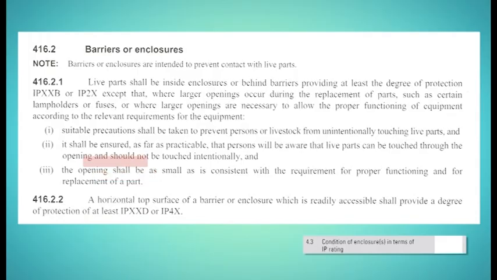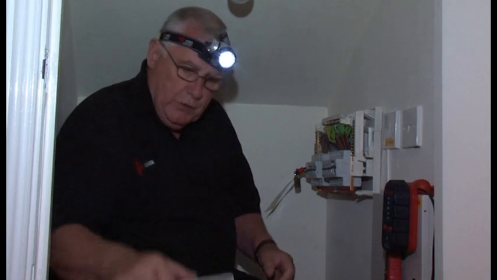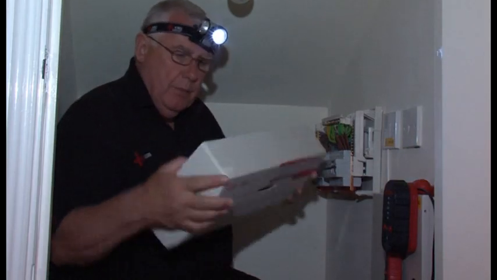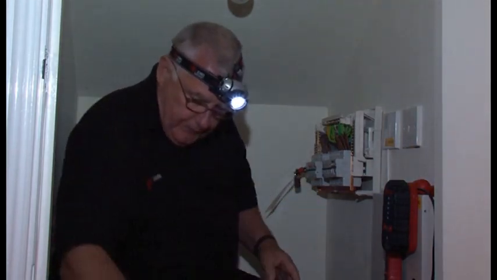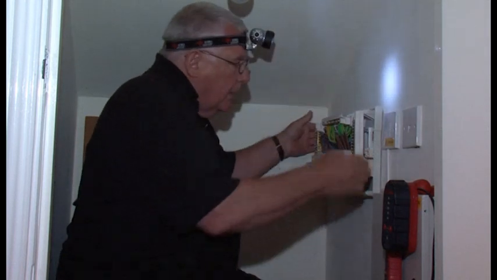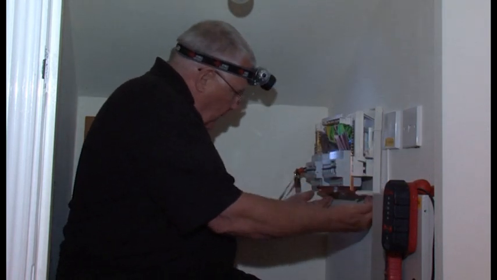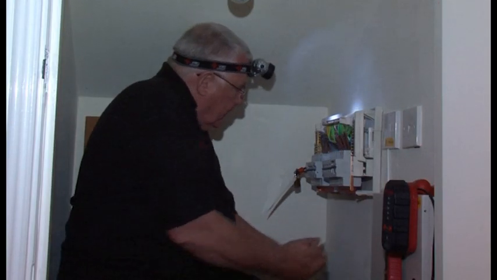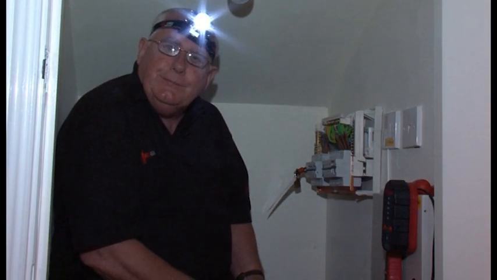Any other side must have a minimum degree of protection of IPXXB or IP2X, a hole no greater than 12.5mm. So what I'm checking for here is that there have been no modifications to the consumer unit, and that no wires can go in the top, no fingers can go in the sides or the bottom, and this is okay.